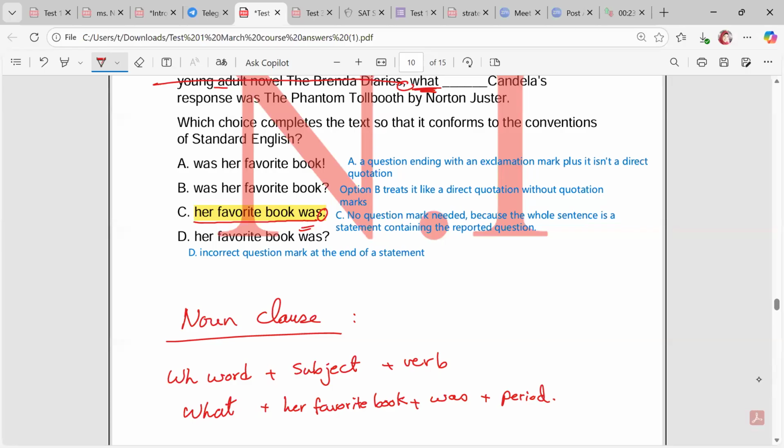Okay, that's it, plus period. You got it? Not a question mark, so we eliminate these. Also here is not a question form, no.